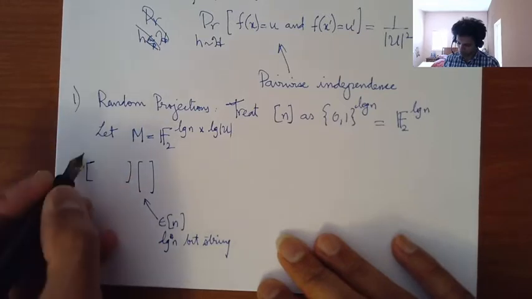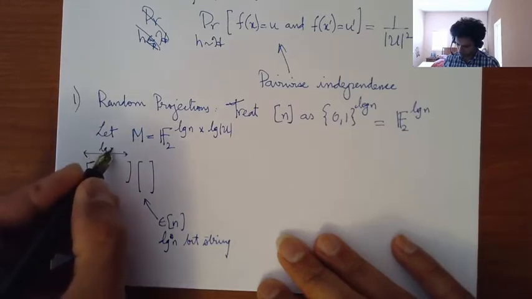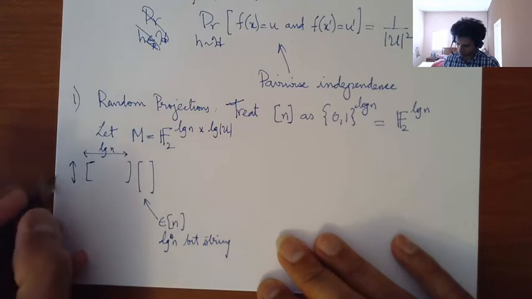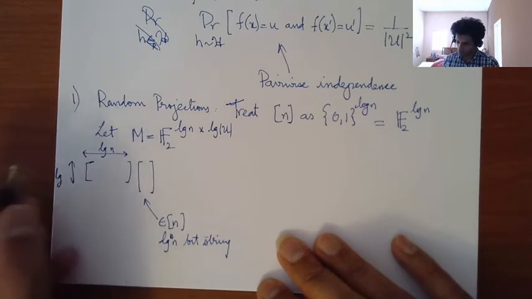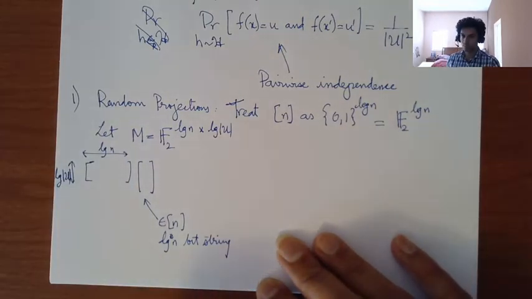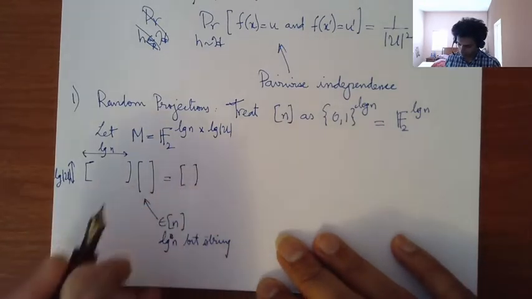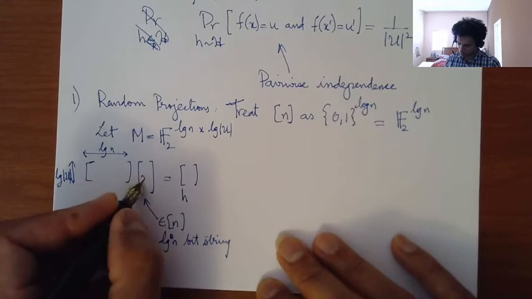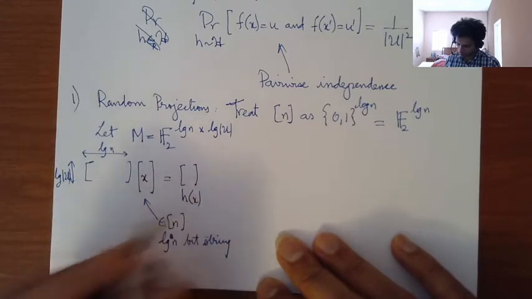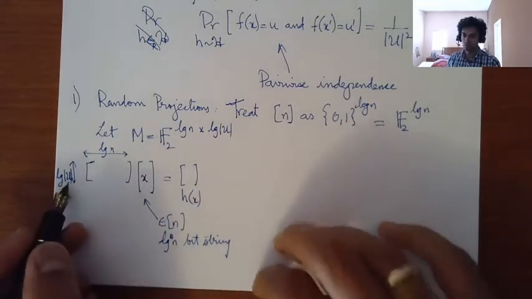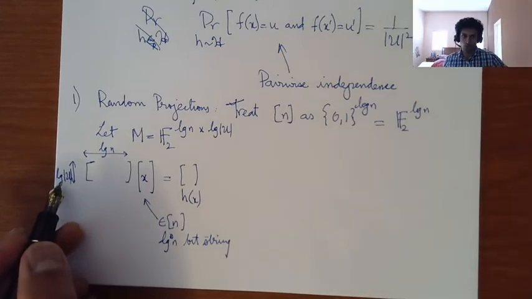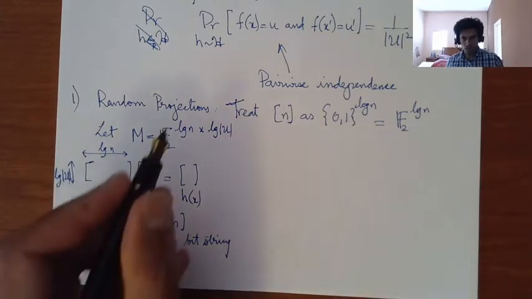This is going to give me my hash value. If this is x, then this is h of x, which I think of as a bit string over the finite field.